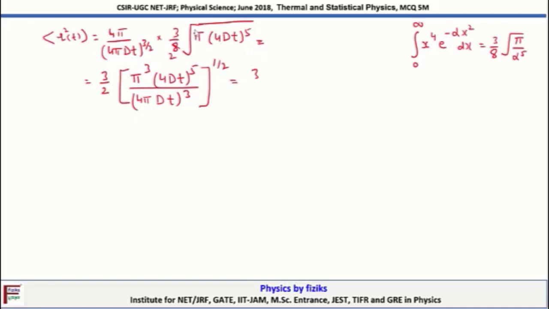After solving we obtain 3 by 2 multiplied by 4Dt, which is nothing but 6Dt.